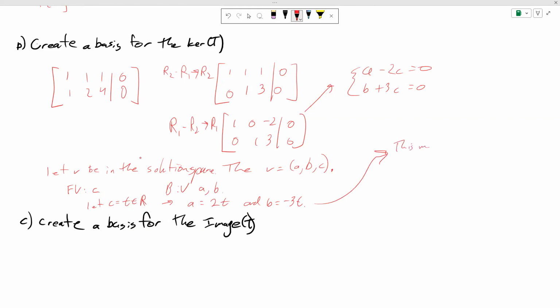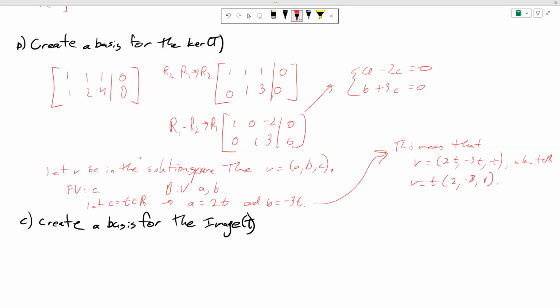This means that v equals (2t, -3t, t), where t is an element of the real numbers, or v equals t times (2, -3, 1).